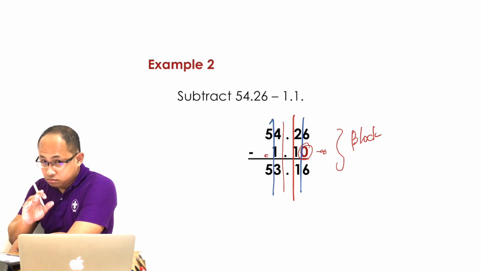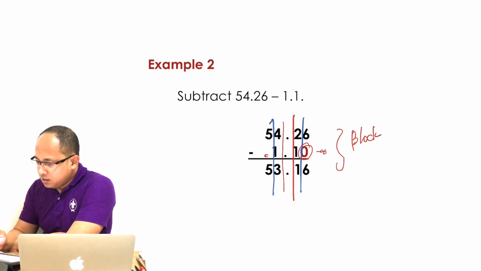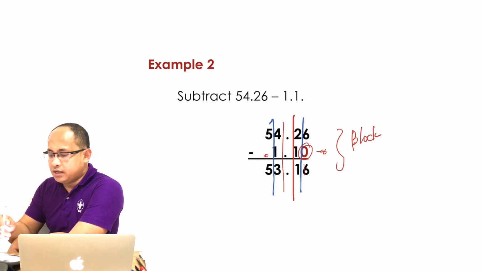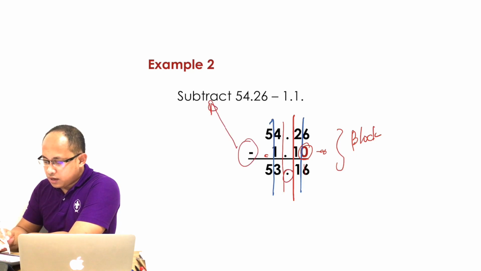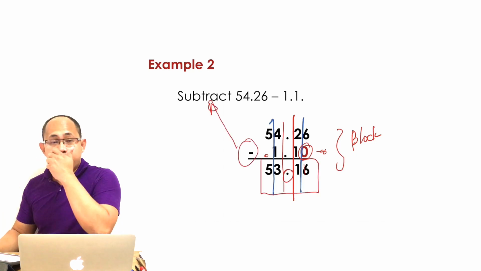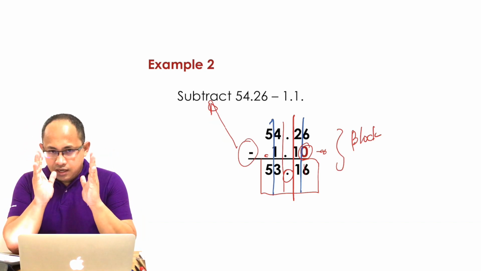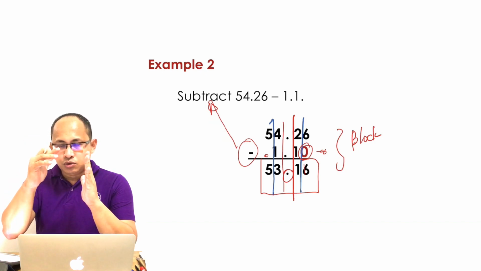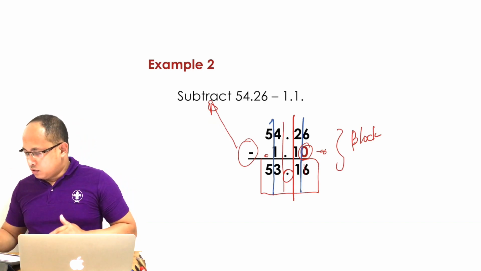We don't add 0 there because the instruction is to the right, not to the left. So 6 minus 0 is 6, 6 minus 0 is 6, 2 minus 1 is 1. You use the operation subtraction, and don't forget to write the decimal in your final answer. Again, remember this: once there is an empty spot when you align all the numbers, add 0 to it, but make sure only going to the right.